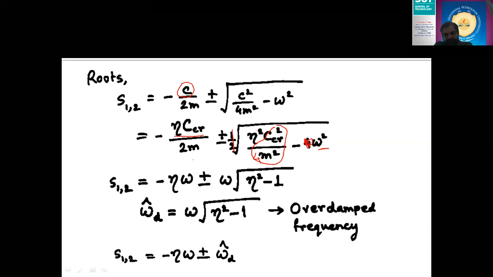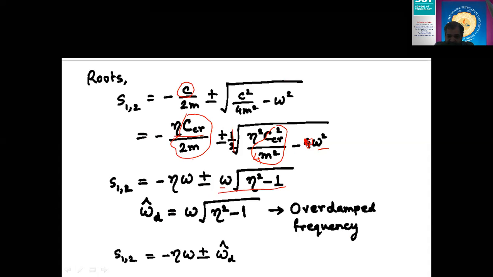So if I take omega square out, it will come outside as omega, and remaining is eta square minus 1. So this equation will come. This will be minus eta, and this I am also replacing with omega as per the previous equation. So minus eta omega plus or minus omega into the root of eta square minus 1.